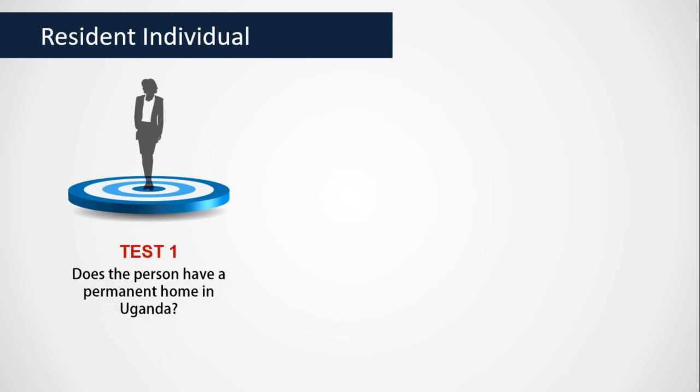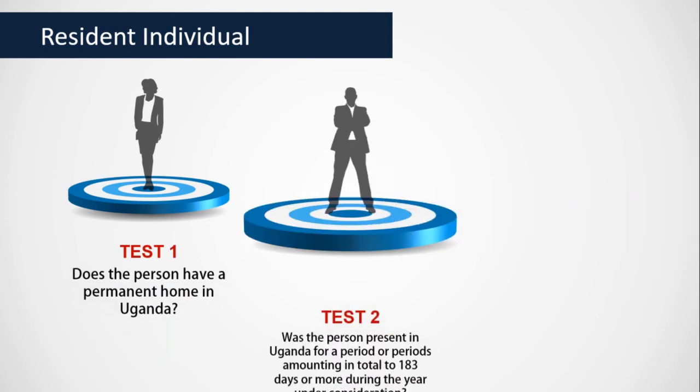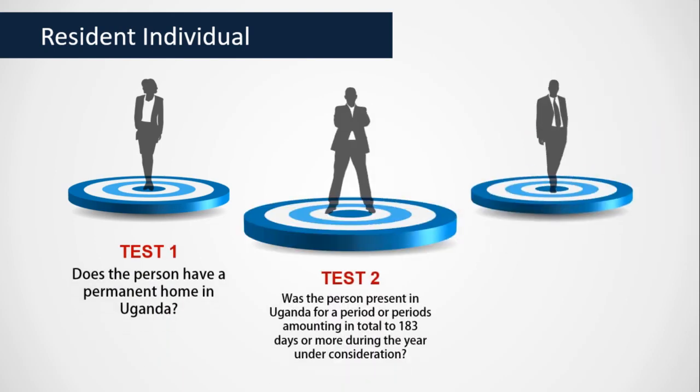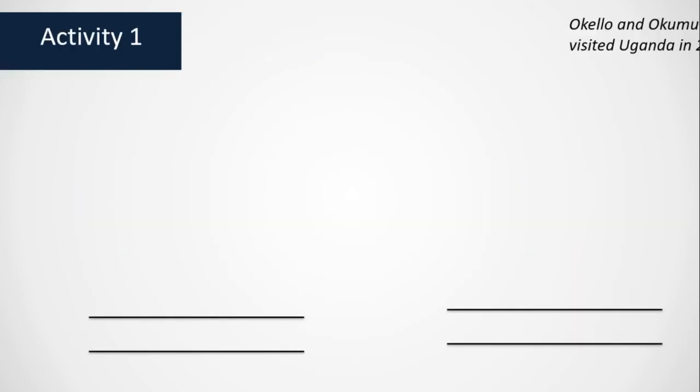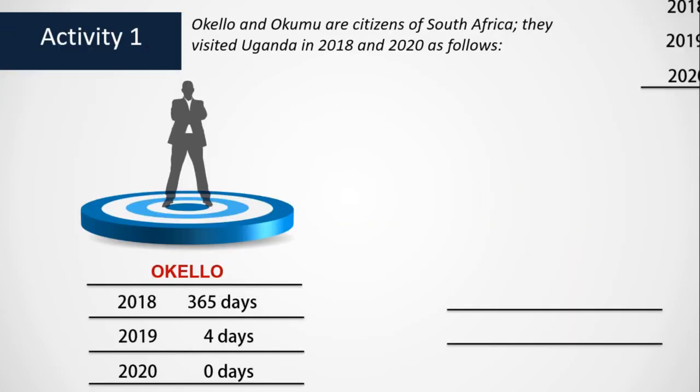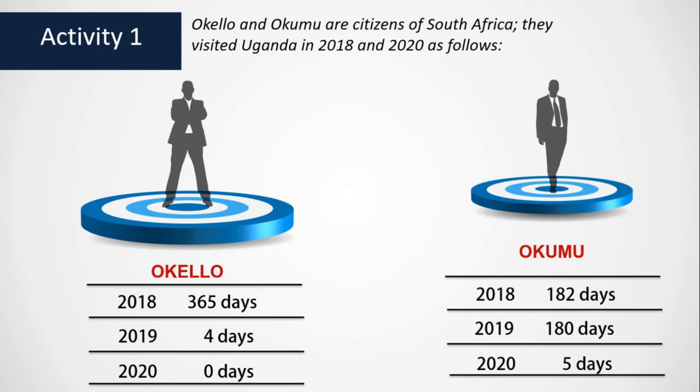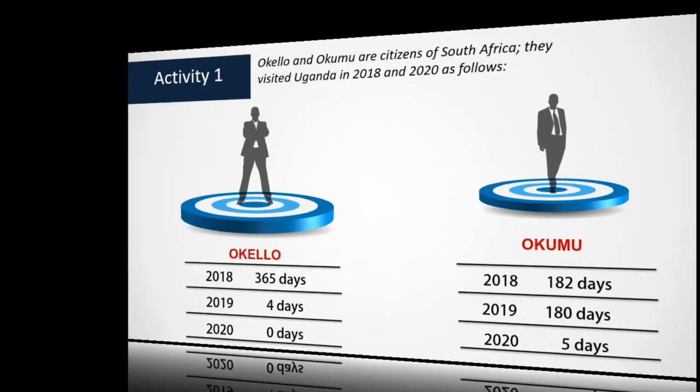We shall look at the first test, the second test, the third test. On top of that, we shall support that foregoing discussion with a very nice hands-on activity of Okelo and Okumu. So we shall determine who of the two is resident between 2018 and 2020.